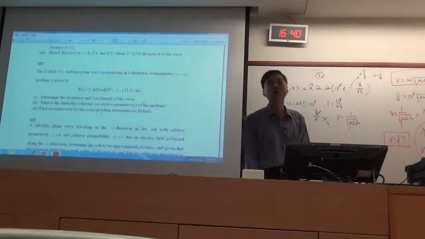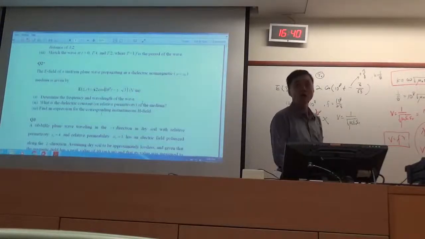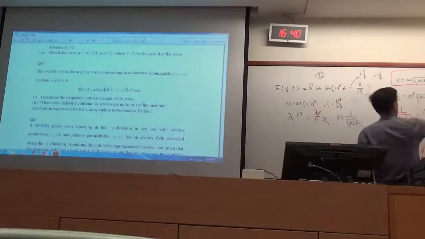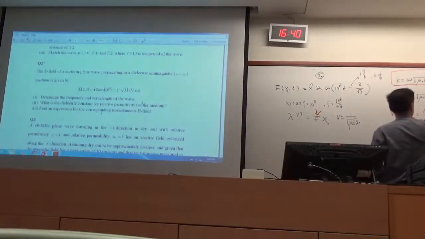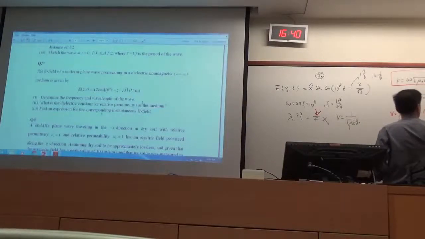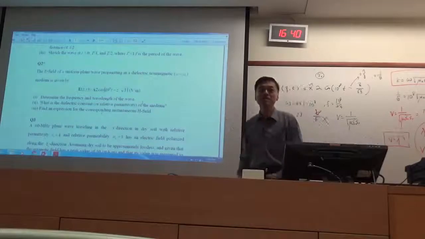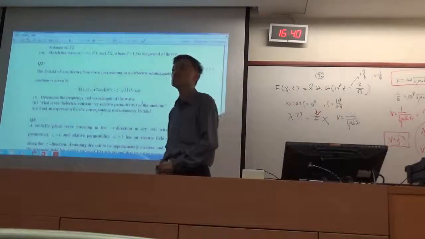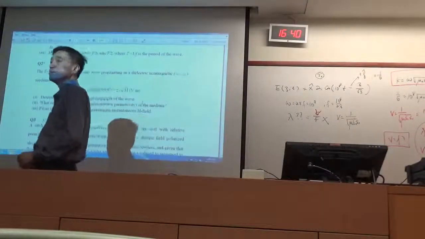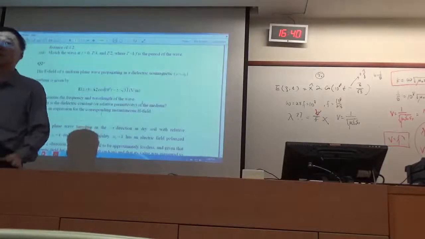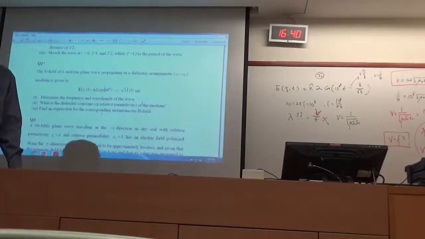Or if you want, you can write it this way, then epsilon r is found. You don't even need mu naught and epsilon naught, because remember, 1 over square root of mu naught epsilon naught is equal to 3 times 10 to the power 8.